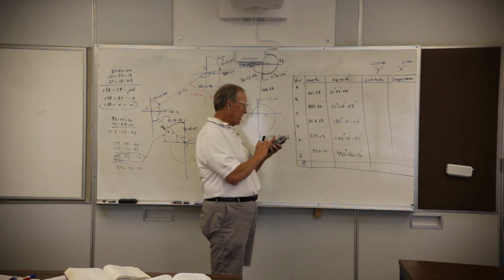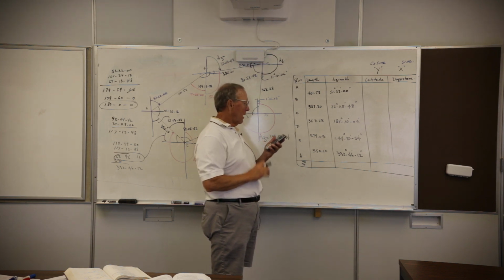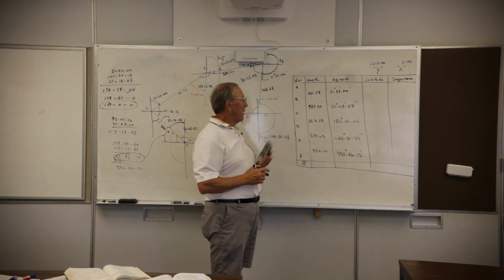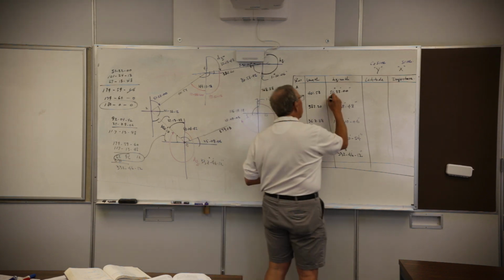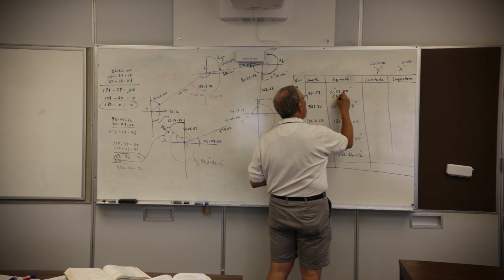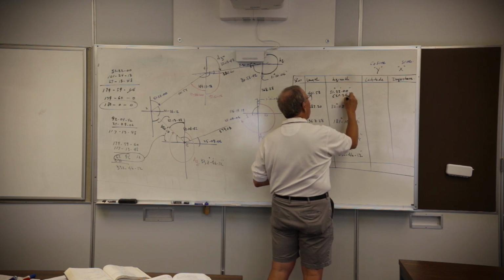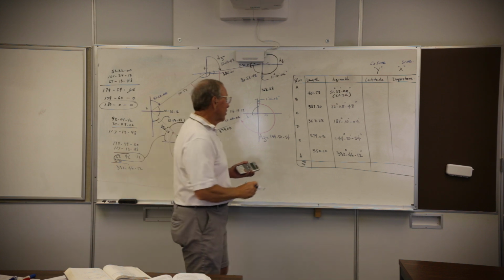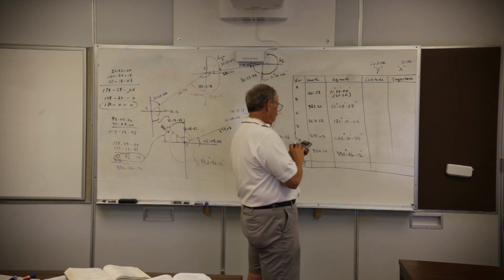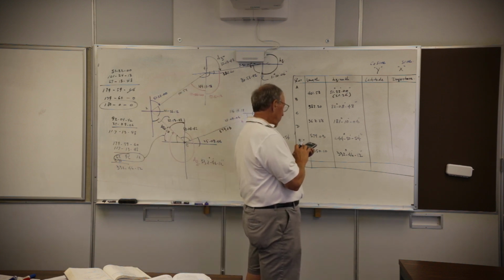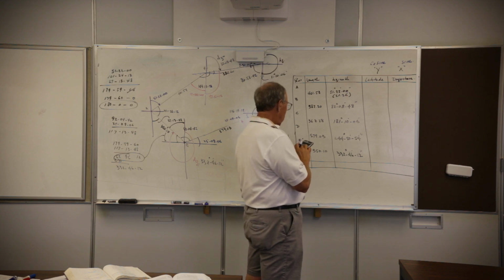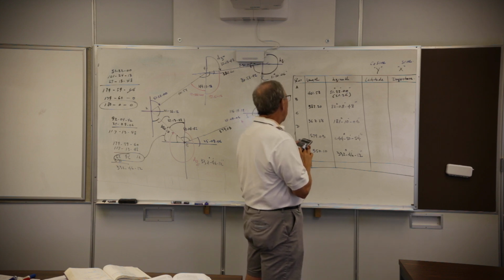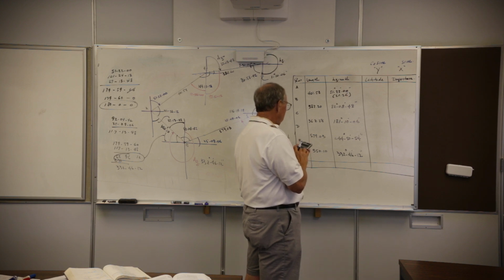22 divided by 60. 3 and a bunch of 6s. That's 51.3 and a bunch of 6s. Okay, clear. 48 divided by 60. 8.8.